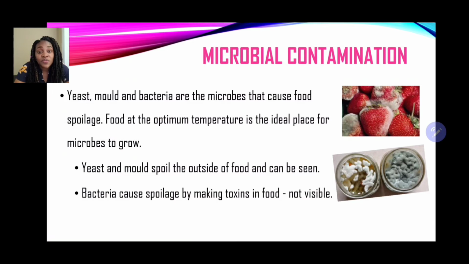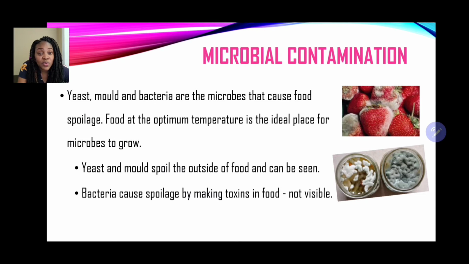In order for microorganisms to contaminate food, they have to be introduced, whether by cross-contamination, or through an unhygienic surrounding or poor food handling. Remember, certain uncooked meats naturally have microorganisms, for example, raw chicken with salmonella.